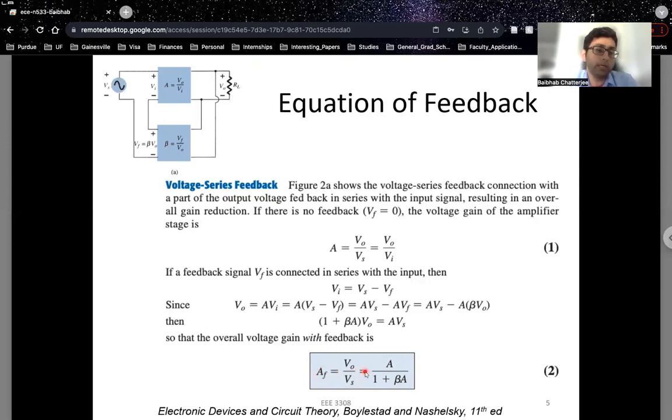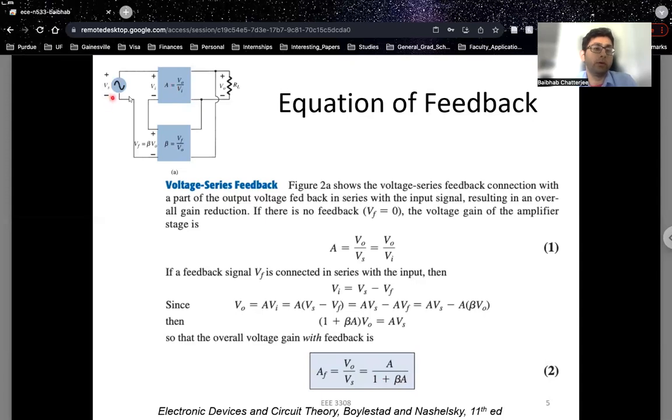And that is important in scenarios where you have a lot of process variation and your gain A can fluctuate between two large quantities. For example, let's say you have an amplifier for which the value can be anything between 1 million and 10 million. That's a very large value, but it's not a fixed value.